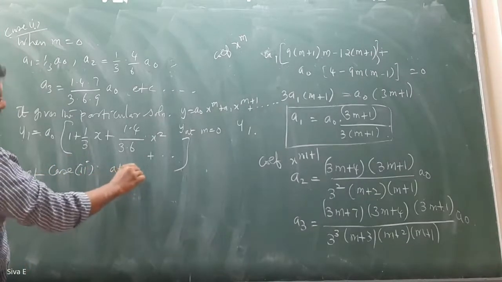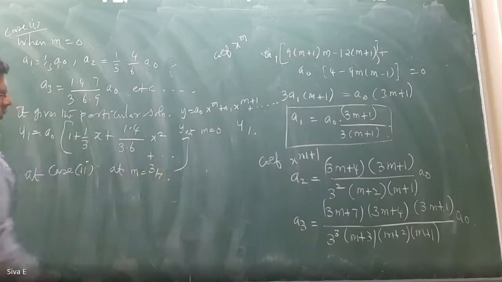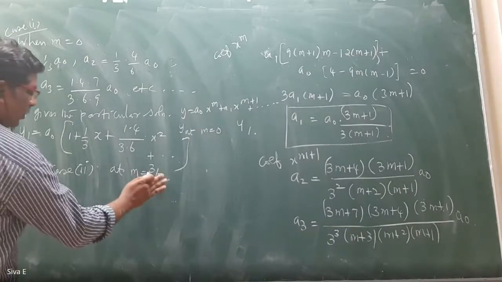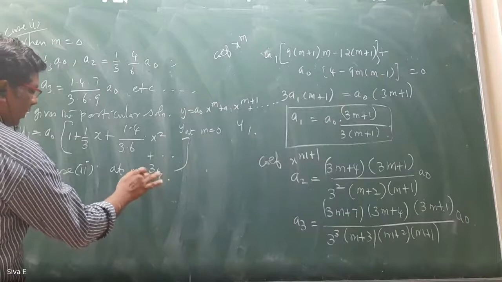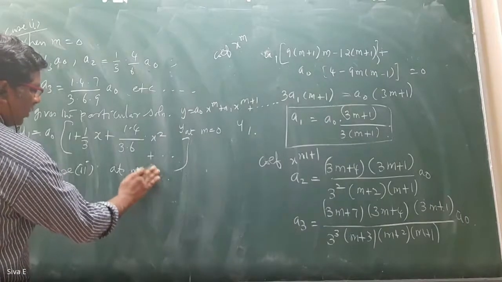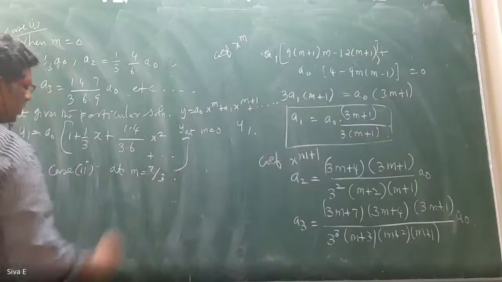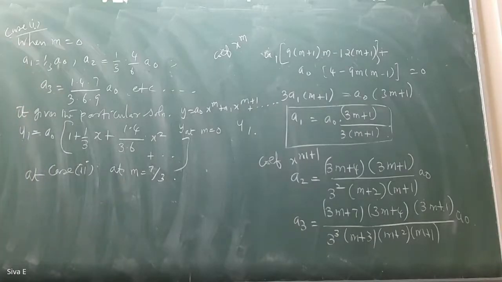At m equal to 7 by 3, you have to find what is a naught, what is a1, a2, a3, etc. So I am writing that directly here. Is it 3 by 7 or 7 by 3? 7 by 3, sir. M equal to 7 by 3.